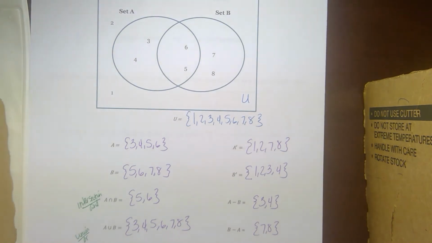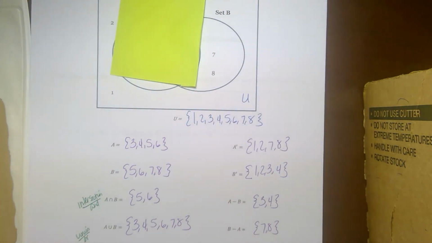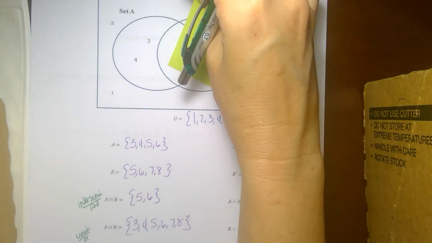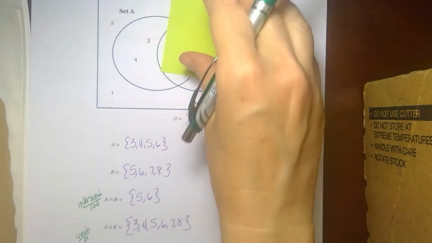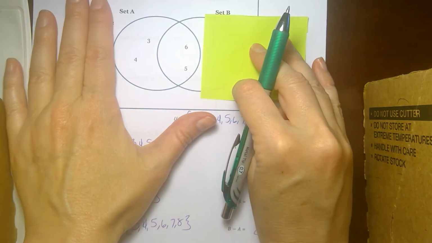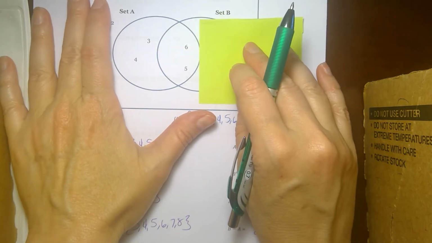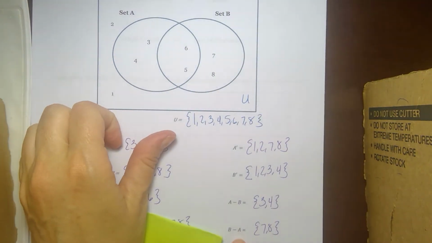Then the second column includes complements and set differences. For the complement, for A complement, I would cover up set A. A complement is anything not in set A. For B complement, I cover up set B, and it includes anything not inside set B. When I'm doing A minus B, I start by looking just at what's inside set A, and then I think, okay, I'm going to subtract anything that's also in B. For B minus A, I go the other way.